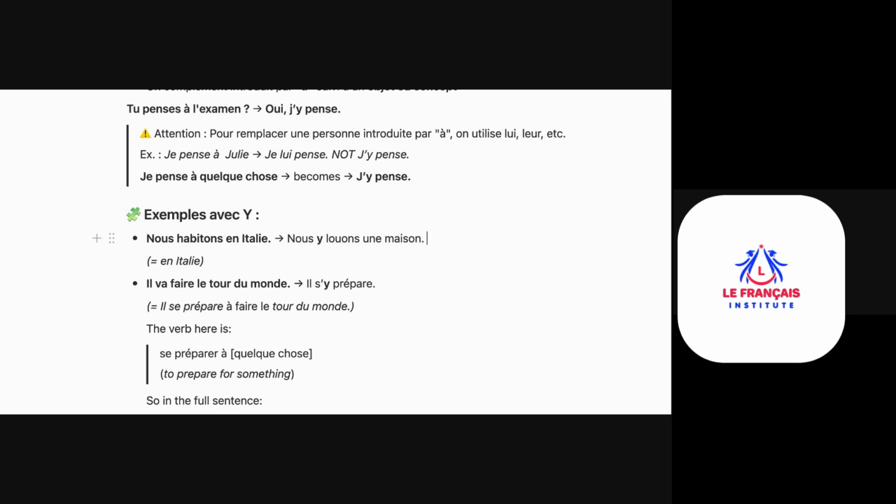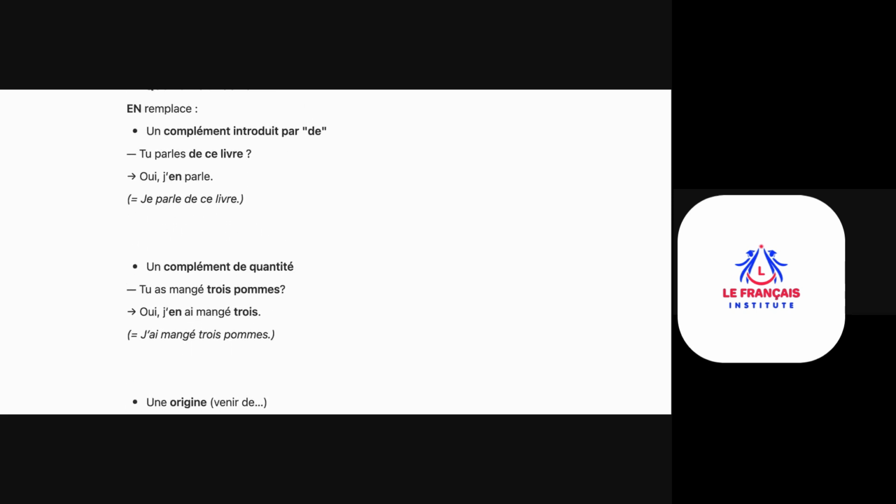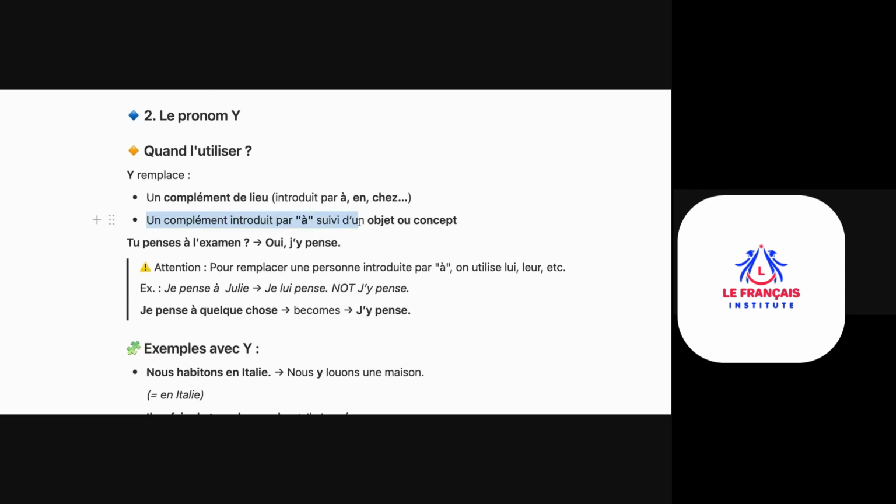Is this making any sense? Yes. I got a little confused with Y. EN is clear to me: any complement introduced by de has to be replaced with EN. And Y is also similar, but it replaces complements introduced by à, and if it is referring to a place, then any place preposition like en, chez, dans, anything.